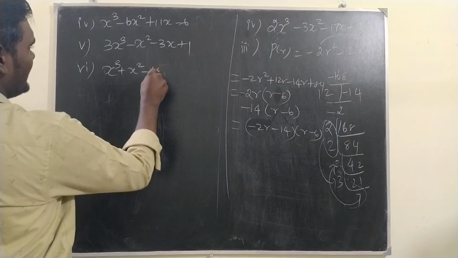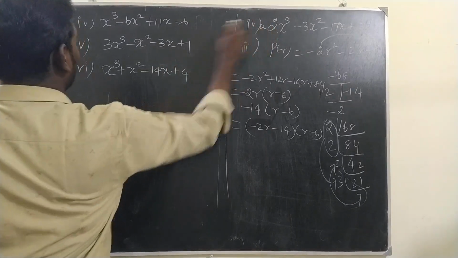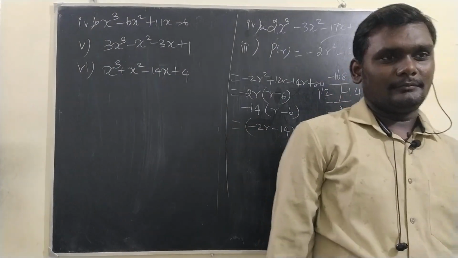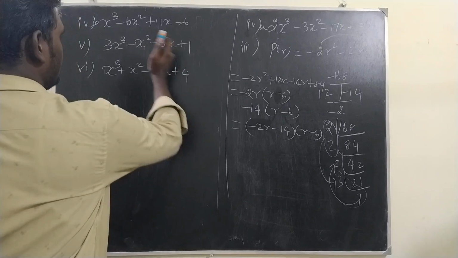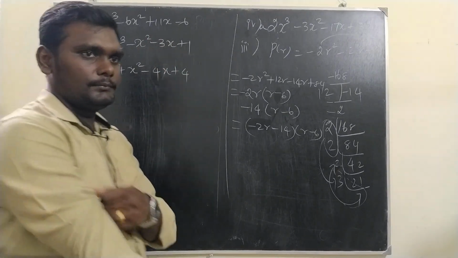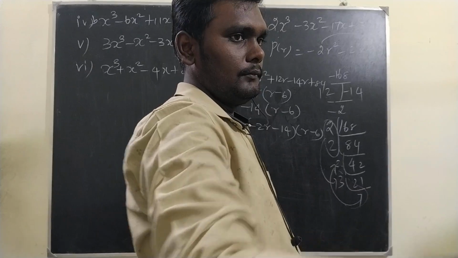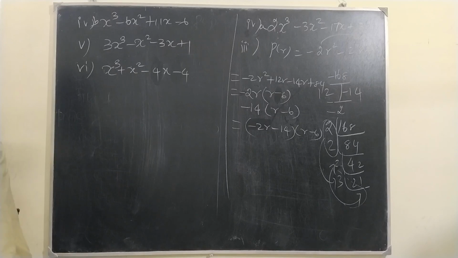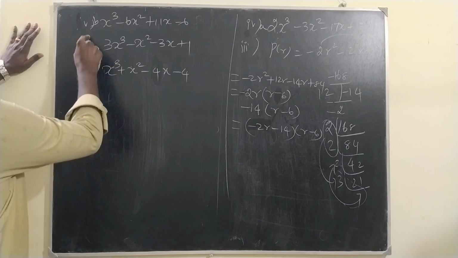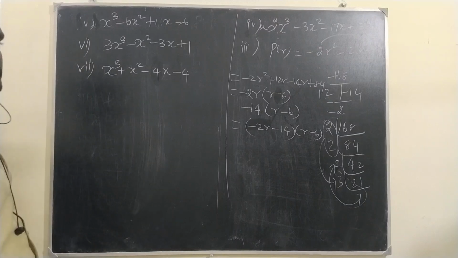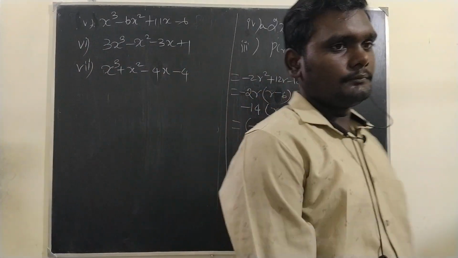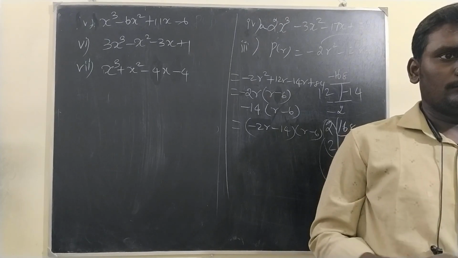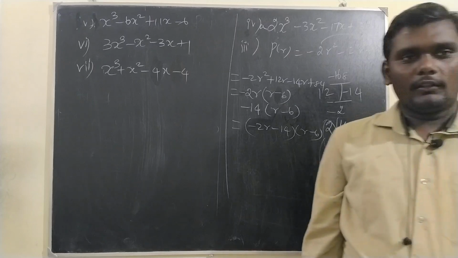That is 4A, 4B. 4x minus 4x minus 4. Come on, fourth subdivision.